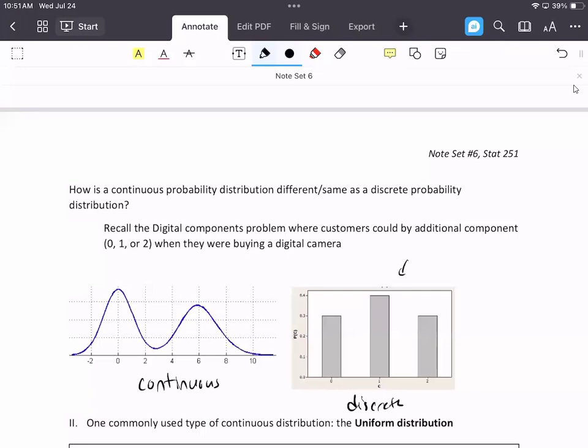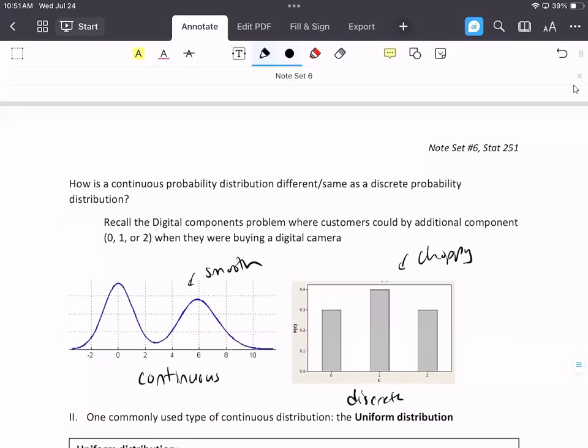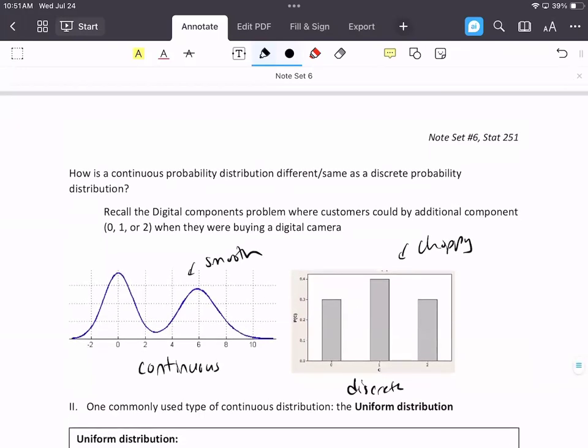The discrete is very choppy. This is very smooth. Now we're going to look at a specific type of commonly used continuous distribution, the uniform distribution. And we'll do that in the next video.